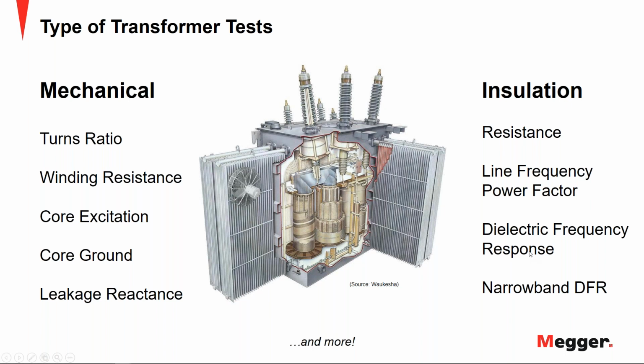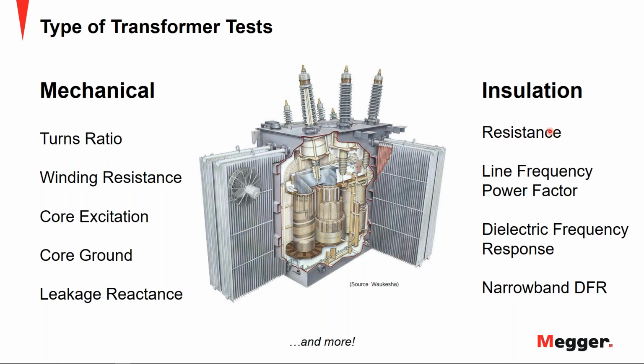For instance, on dry type transformers, sometimes it is not recommended to do power factor testing because the numbers can be unusually high. The test that is recommended for dry type transformer more so is a tip up test. On the other side, for oil filled transformer, you may not want to do a PI test, which is an insulation resistance test with the ratio of 10 minutes over 1 minute reading.